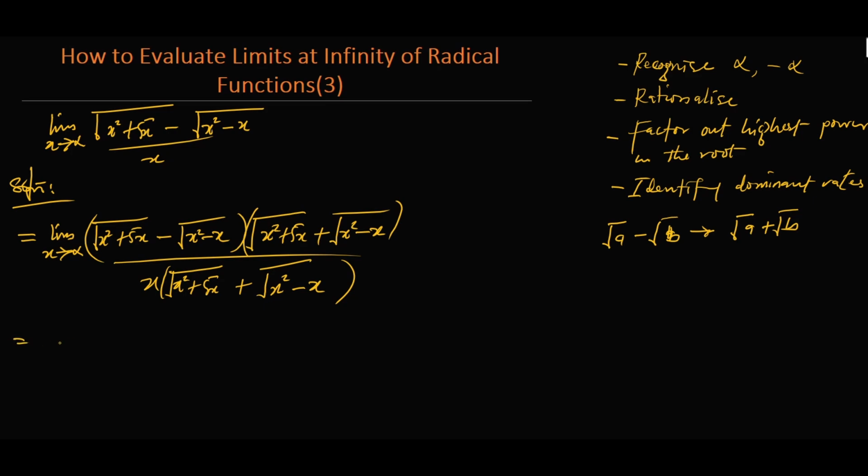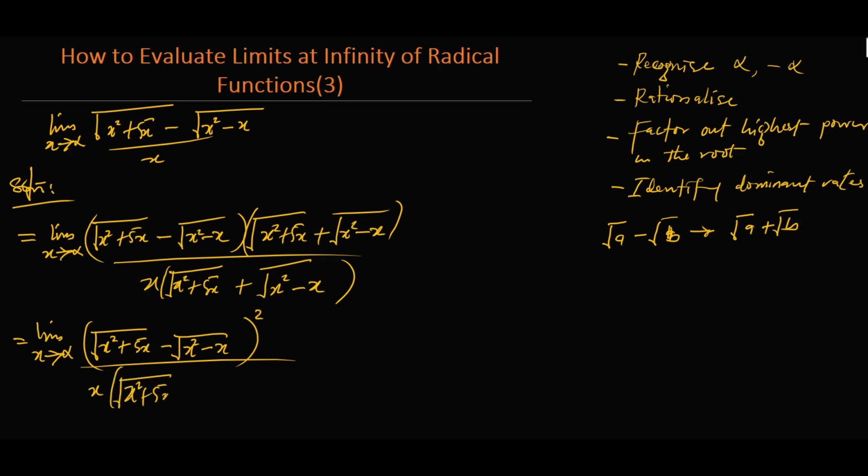So we will have the limit as x approaches infinity of root x squared plus 5x minus root x squared minus x, all squared, all over x multiply root x squared plus 5x plus root x squared minus x.